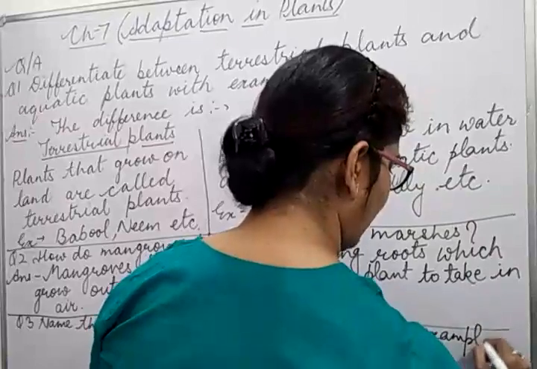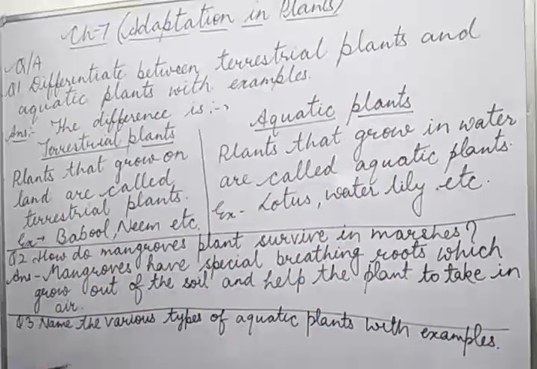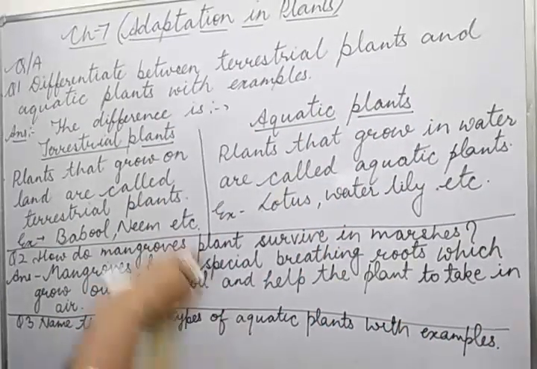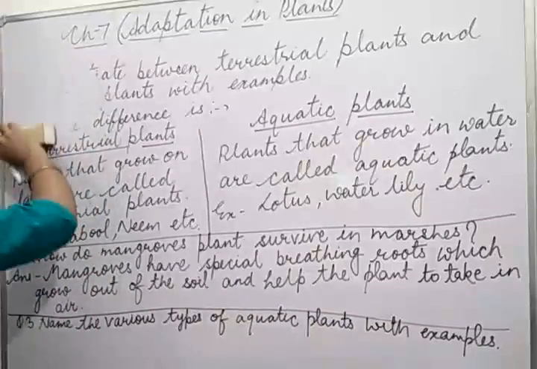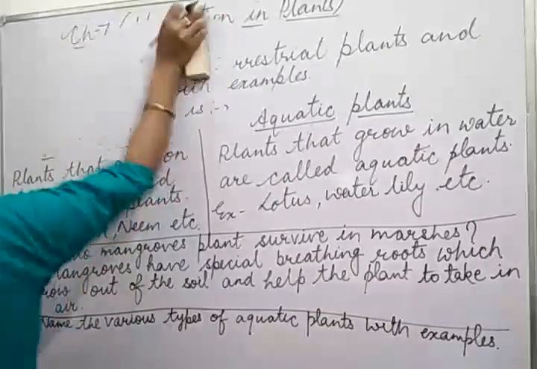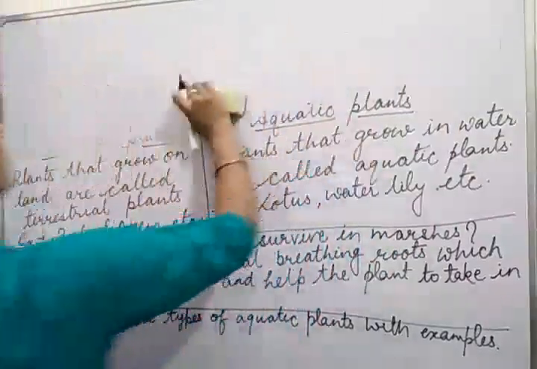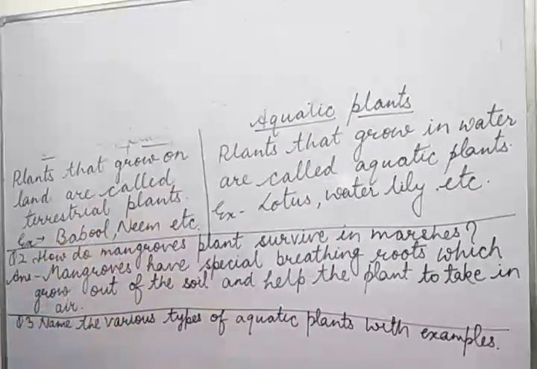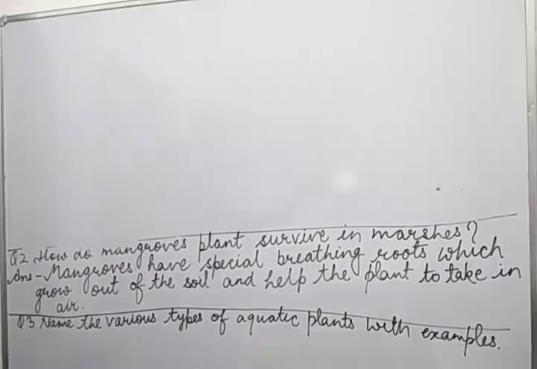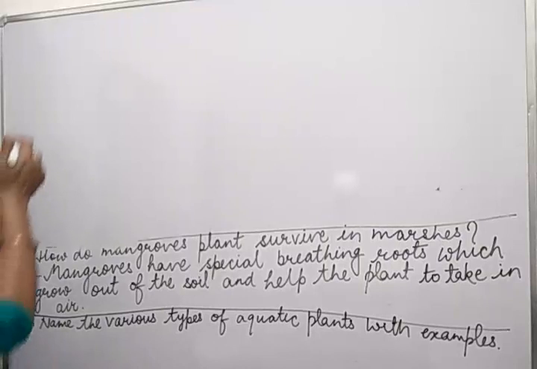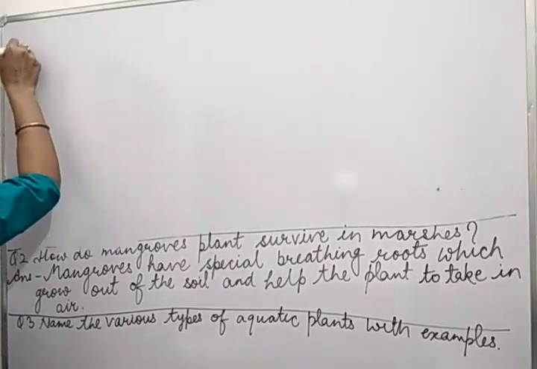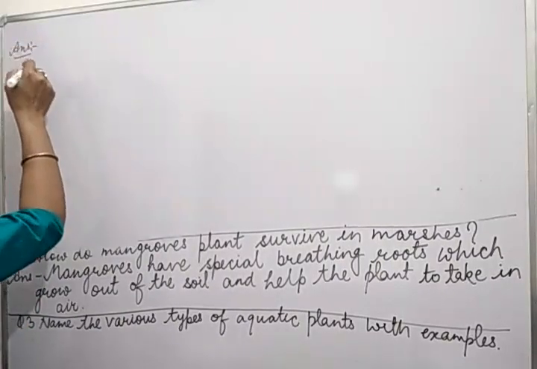So children, I do not have space here, so I am writing up. Okay, you write question, then I am writing answer here. You can copy from the upper side. So question number 3 is, answer I am writing here, children. You can copy from up.